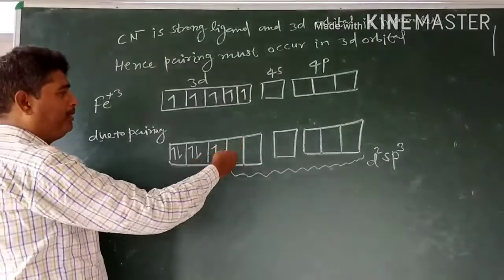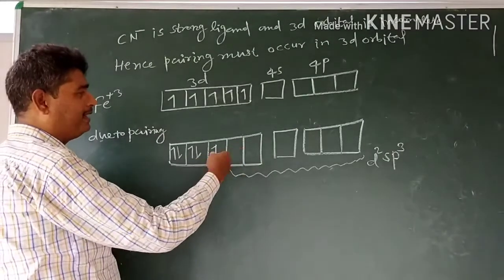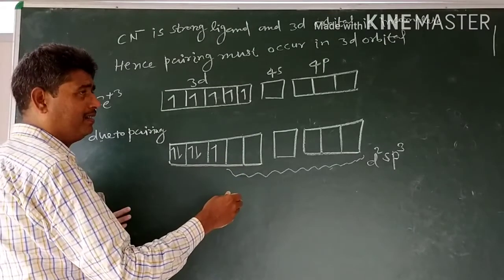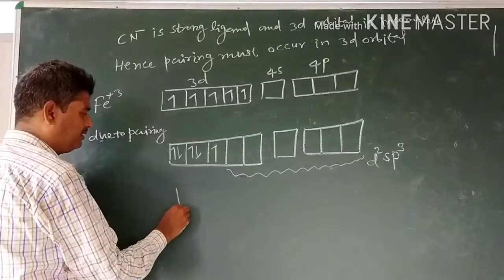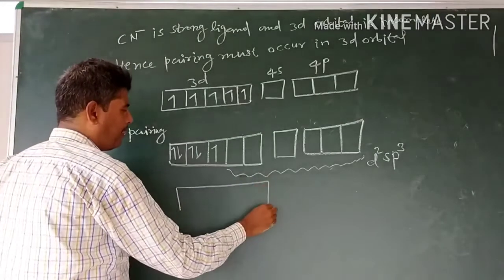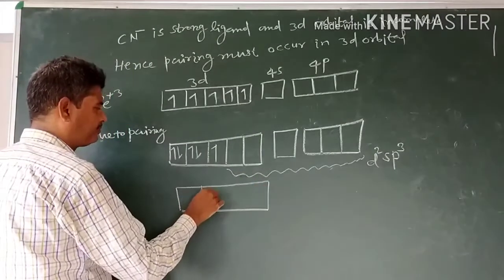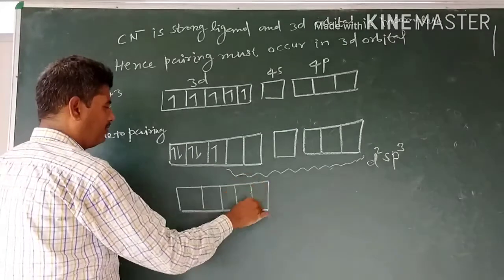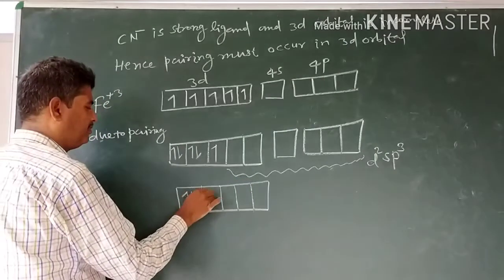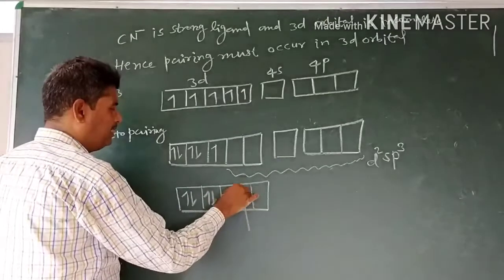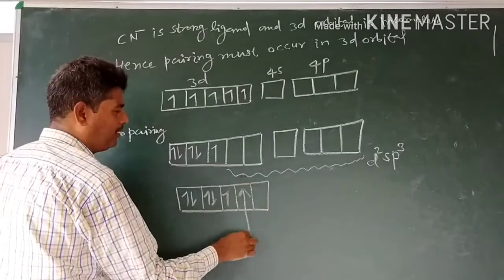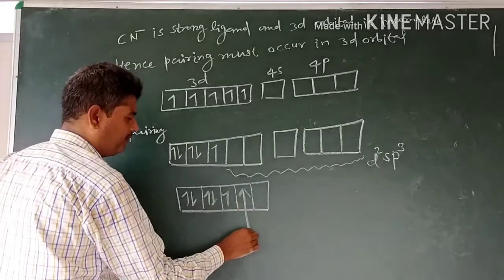After this, we will represent the coordinate bond with the help of ligands. A coordinate bond is represented by a full arrow.